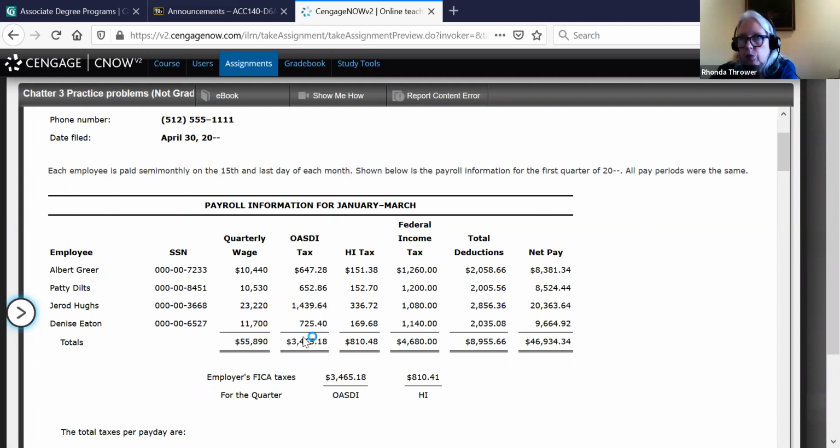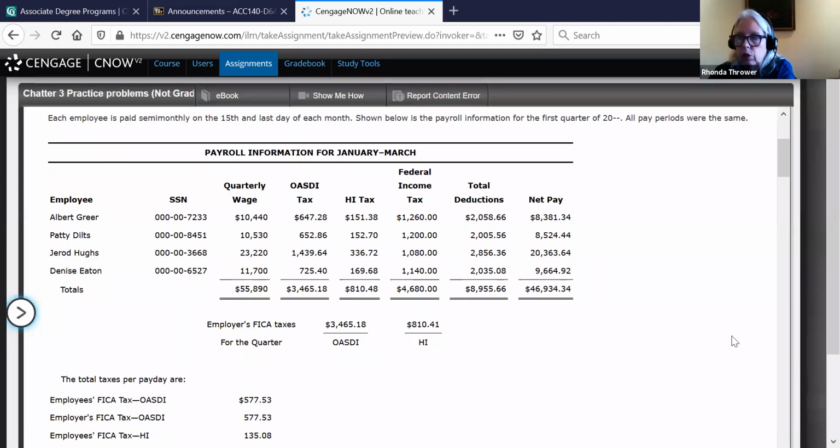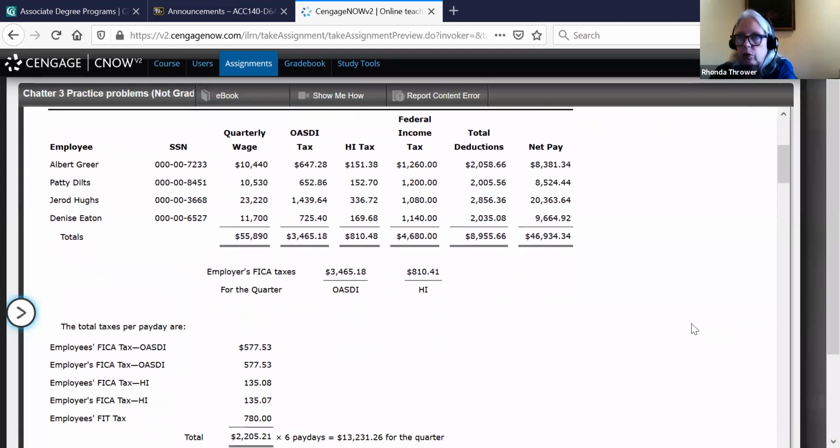They added up to find the total OASDI tax for the quarter for the employee. 810.48 was the amount of tax that was withheld for the Medicare portion, and this was your total federal income tax that was withheld from each employee's paycheck that amounted to a total at the end of the quarter of this amount.